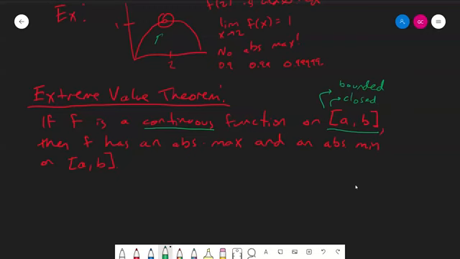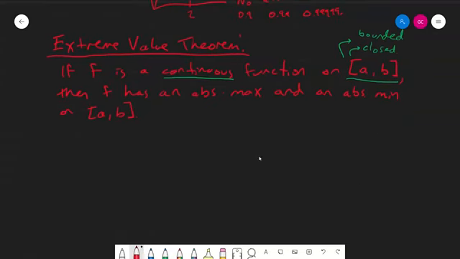Basically what happens is if you take the open interval from a to b, sometimes the absolute maximum wants to be at one of the endpoints but can't. Let me show you what I mean by that. Let's take f of x to be the function x squared, and let's take the interval to be the open interval from 0 to 1.